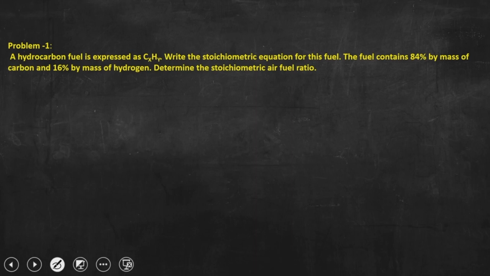That means we need to write the chemical reaction with oxygen. From there we can calculate the amount of air needed to be supplied by the carburetor to the engine. The fuel contains 84% by mass of carbon and 16% by mass of hydrogen. Determine the stoichiometric air fuel ratio.